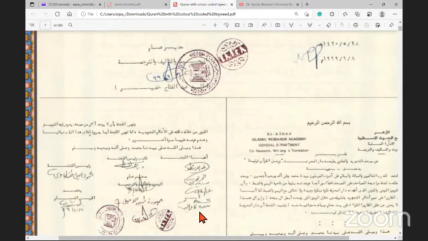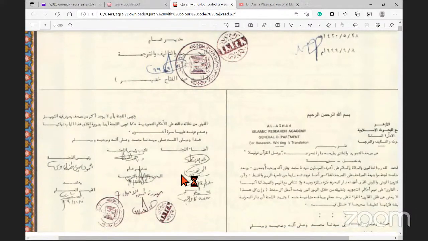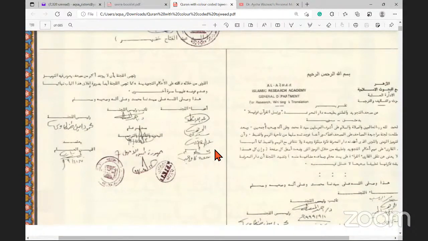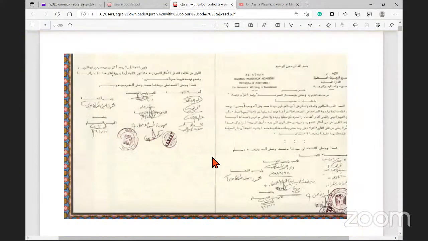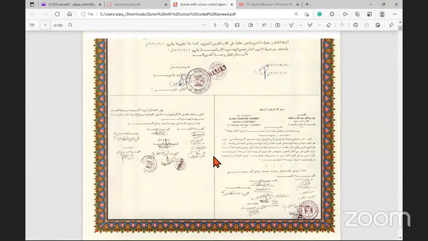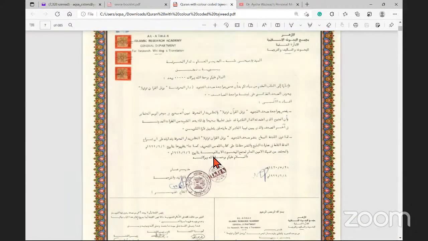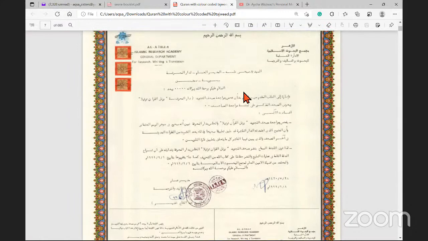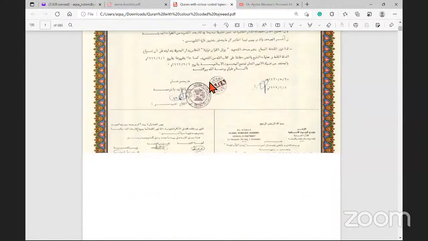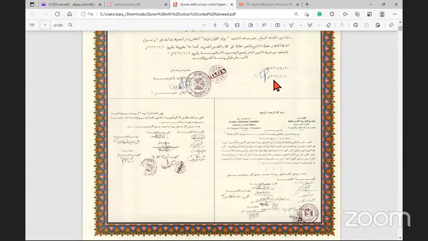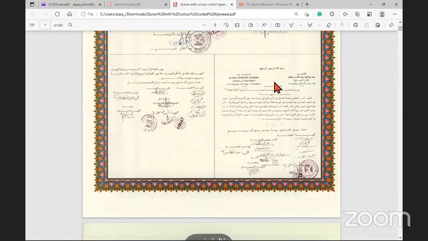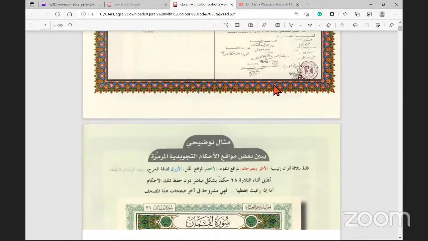I can't see all the names, but those are some of the most important scholars that had reviewed this copy. And of course, all of them are Hafadha, and at the top, of course, this was reviewed by Al-Azhar. Let's see the date, about 1999, pretty long time ago, not an updated copy.